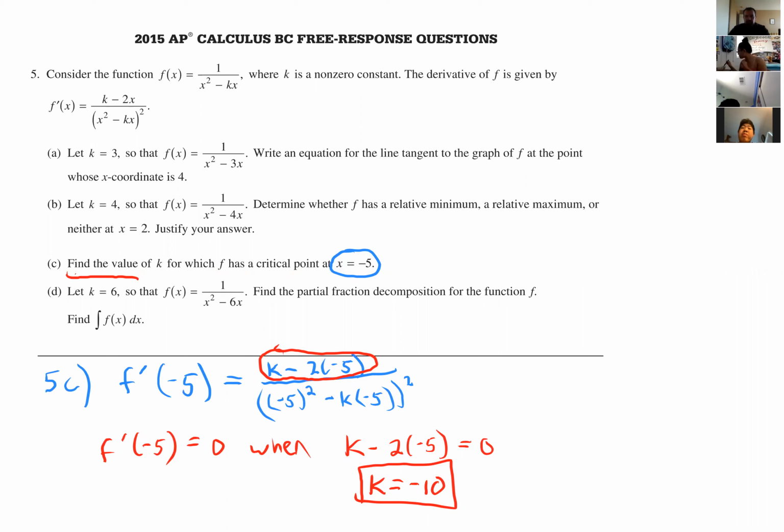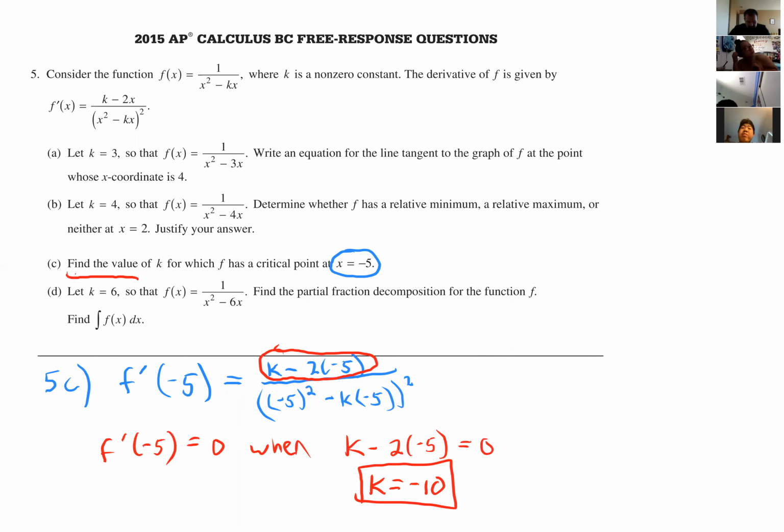Can you explain that last part you said again? So the derivative equals 0 when the numerator is 0. So I set the numerator equal to 0 and I solved for k. Because a critical point has to have an x and a y coordinate on the graph. So where the derivative is undefined, let me actually see what happens here.